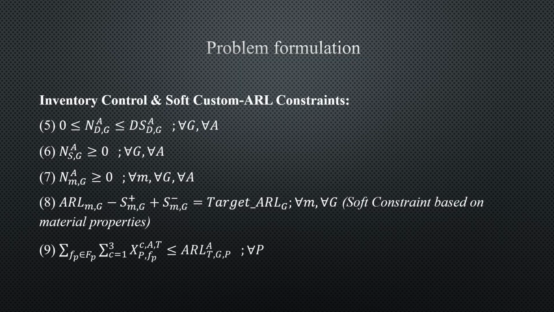Equation number 6 and 7, non-negative constraint. The number of standard stock ARL bars of length A and grade G utilized, as well as the number of newly rolled custom length ARL bars utilized for grade G, must be greater than or equal to 0.